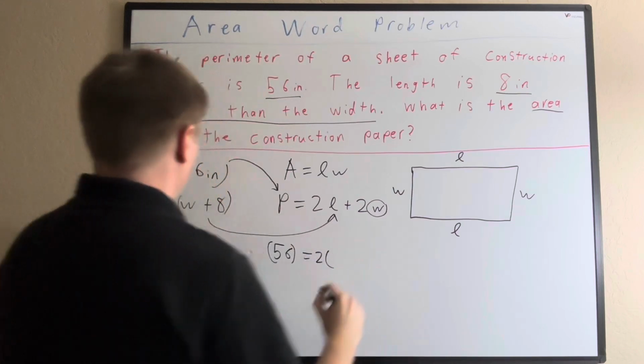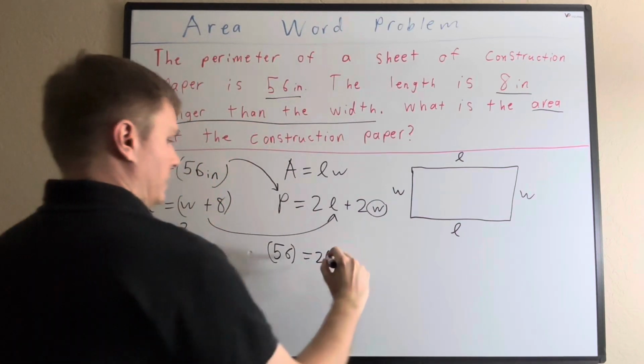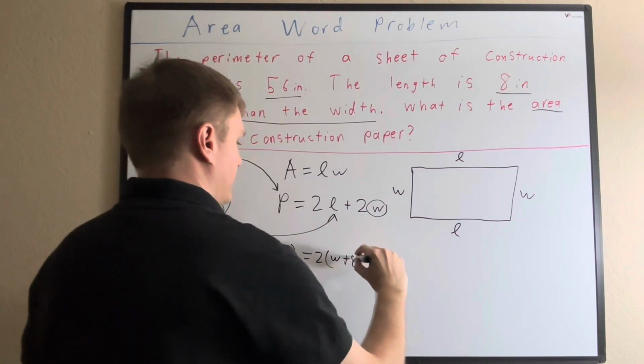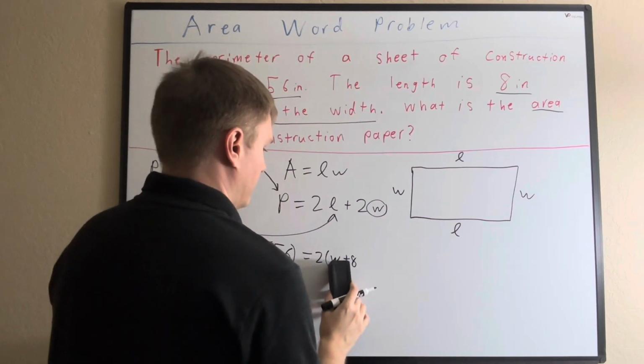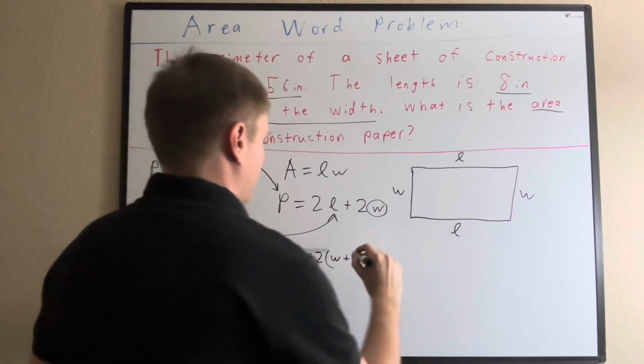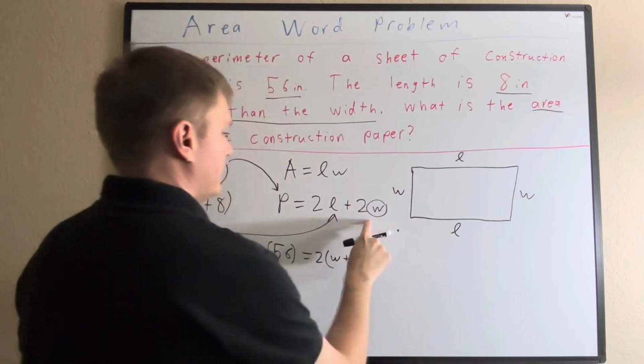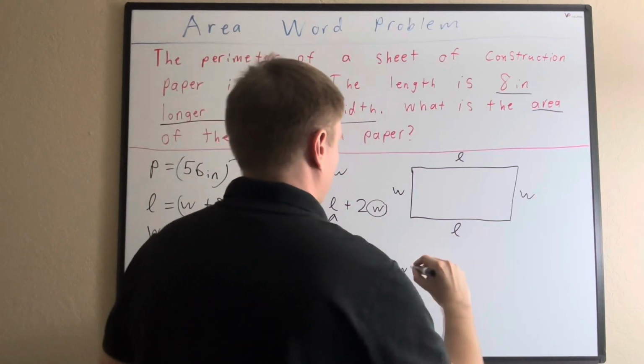56 equals 2 times the L, which is W plus 8. Right. So plus 2W.